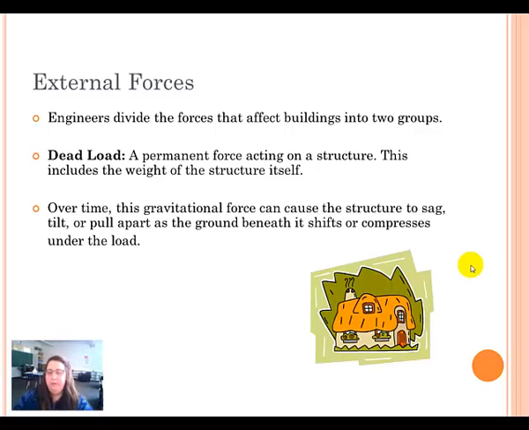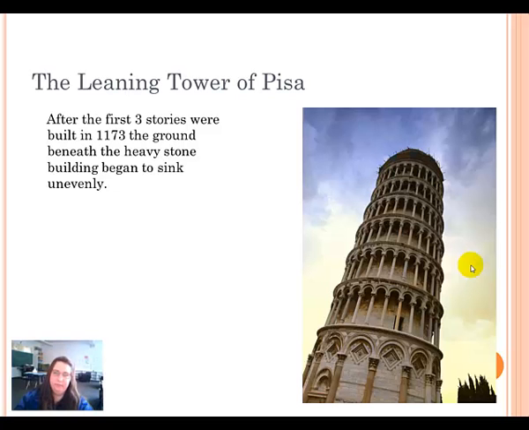and can cause the structure to sag, tilt, or pull apart as ground beneath the structure shifts or compresses under a load. This is a good example. It's the Leaning Tower of Pisa. As they were starting to build this tower, what happened was the dead load in the tower started to cause the ground to shift and the tower to sink.